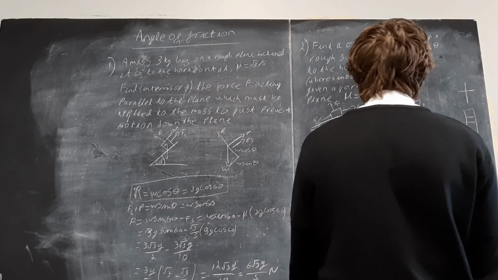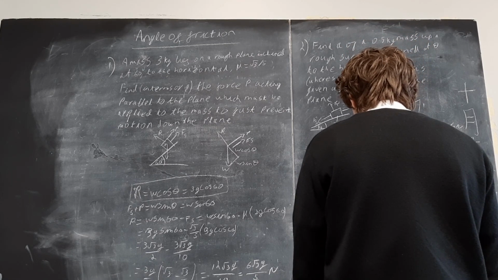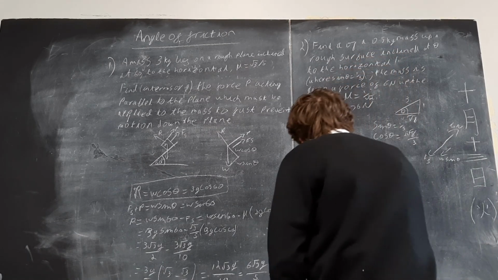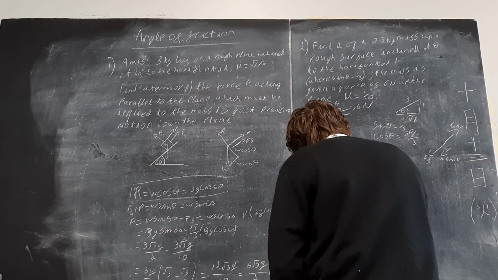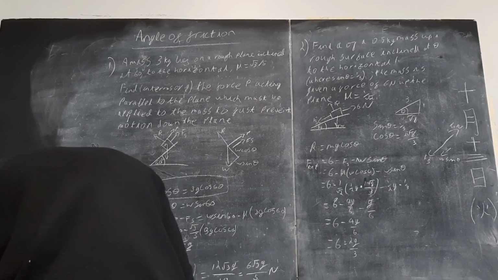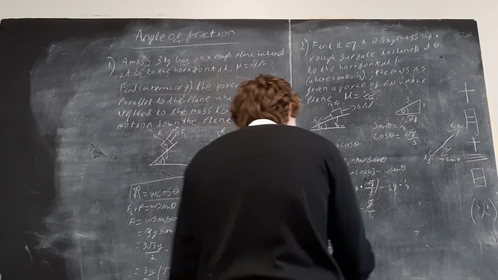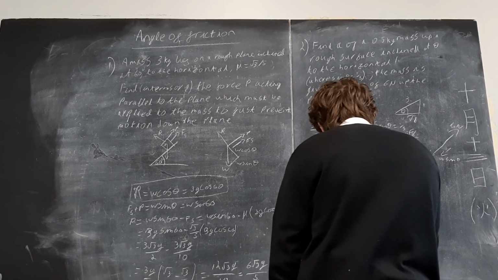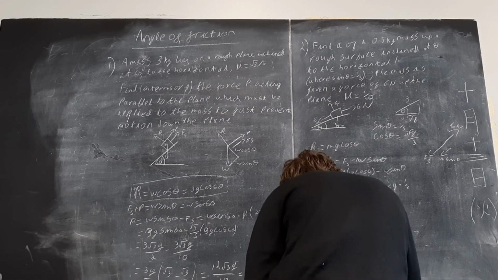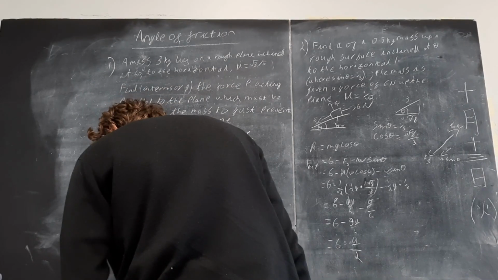Root 2 times root 8, root 16. So 4g over 6, which is, no, it's 2g over 6, take g over 6, which gives us 3g over 6, which is a half g. There we go, that's a bit better.